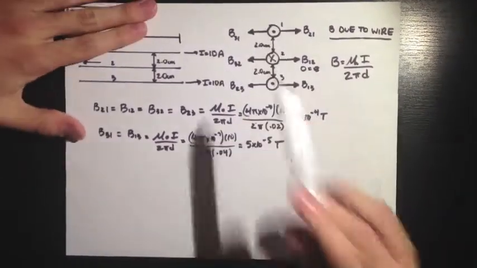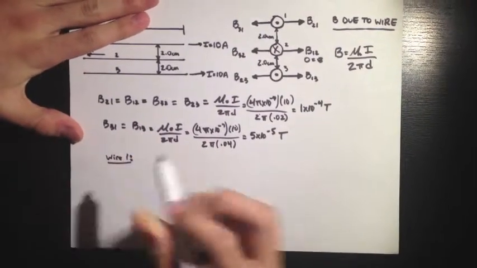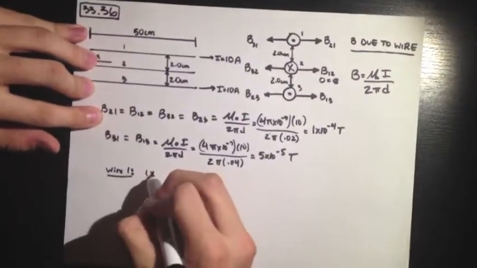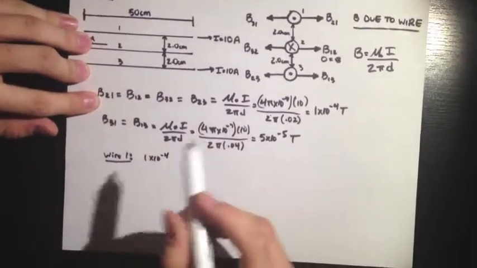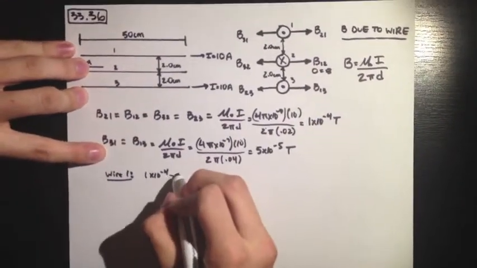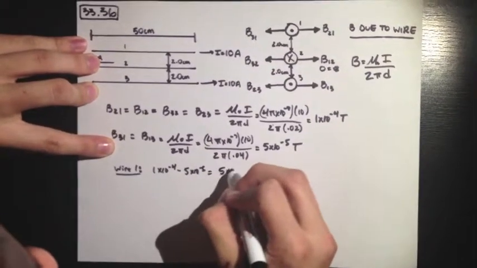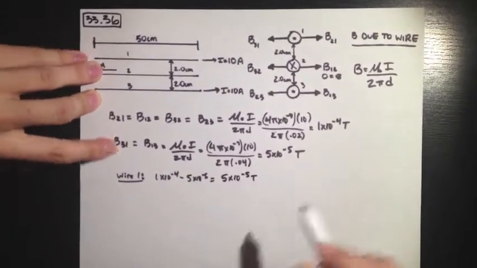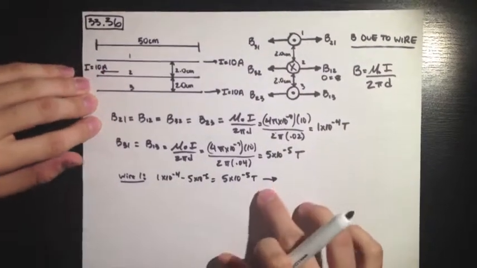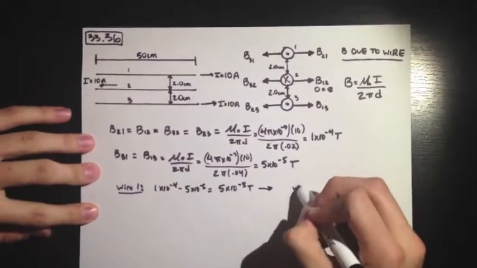So for wire 1, we're going to have B2 on 1, which is 1 times 10 to the negative 4th Teslas to the right, minus B3 on 1, which is 5 times 10 to the negative 5th, and that comes out to be 5 times 10 to the negative 5th Teslas. But that's to the right, so we'll make sure to note that, because we need this when we're finding the force.